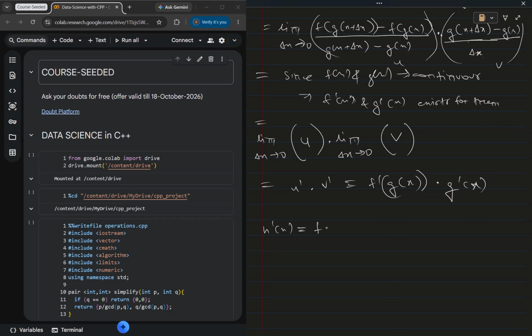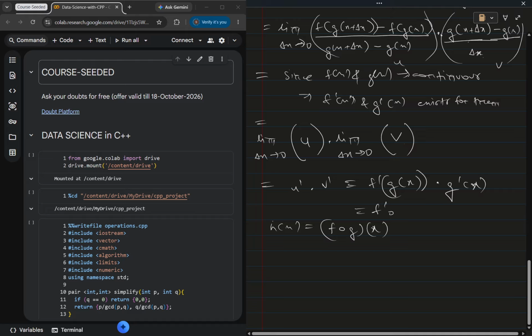If h of x equals f of g of x, obviously you can write this as f dash composed with g of x, then g dash x.